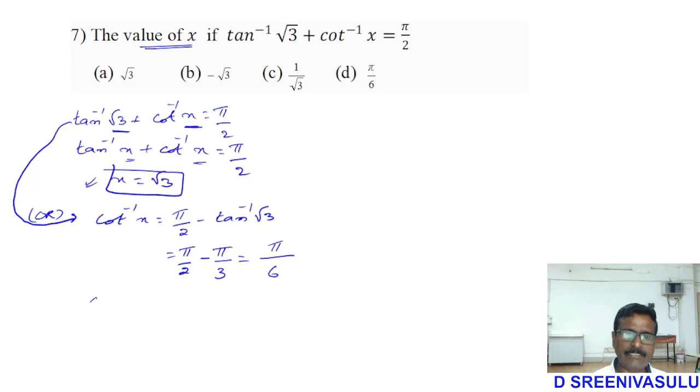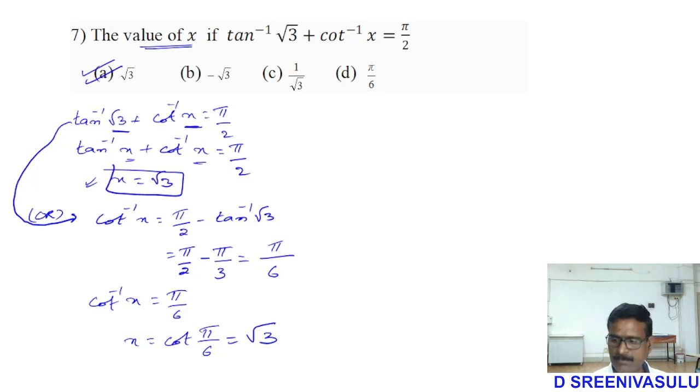Cot inverse x is equal to pi by 6. Then x is equal to cot pi by 6. Pi by 6 means 30 degrees. Cot 30 is equal to root 3. Option A is the correct answer.